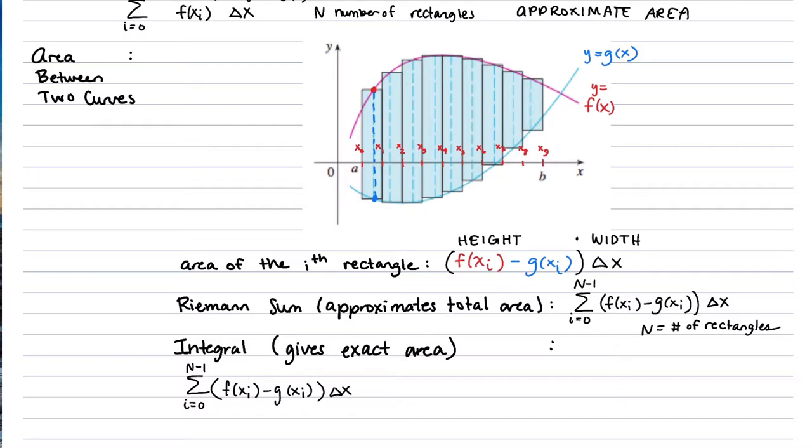And I'm going to take the limit of this as n goes to infinity. So what is this going to do? Let's summarize it here. As n goes to infinity, the width, aka delta x, goes to 0. Okay, so our rectangles are getting skinnier, and the area is then exact.